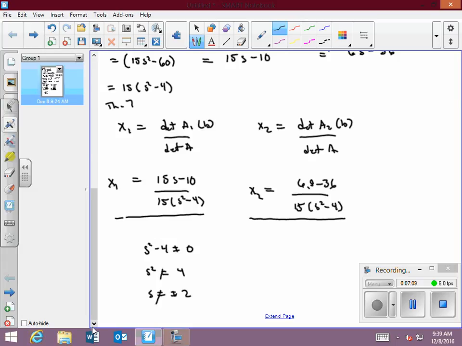So the parameter cannot be plus or minus 2, and this is what the variables x1 and x2 are. That's what they're asking us: determine the values of the parameter for which the system has a unique solution and describe the solution. So these are the descriptions of the solution, and the parameter can be any value except plus or minus 2. That makes sense.